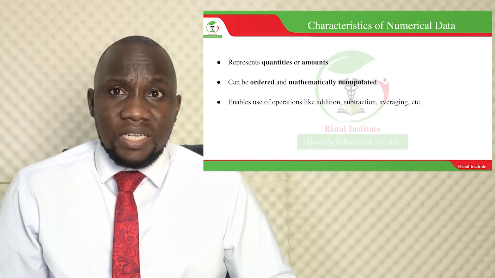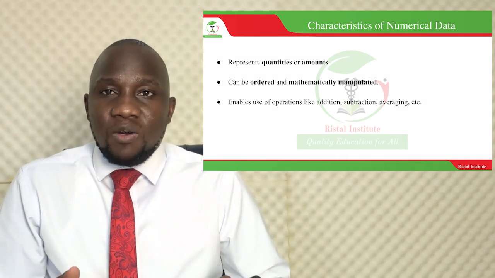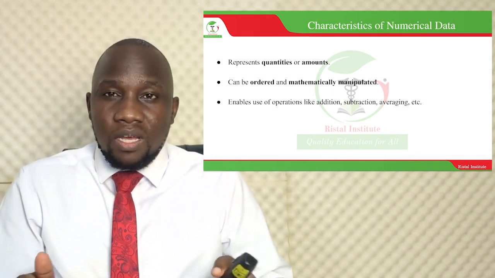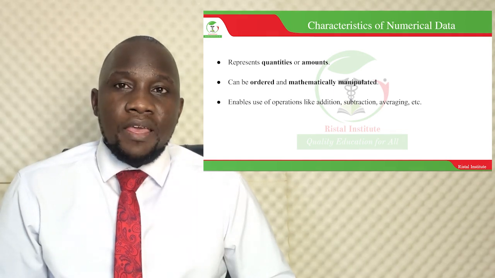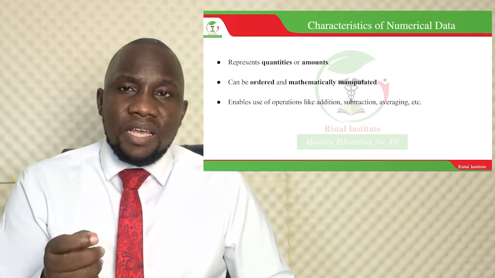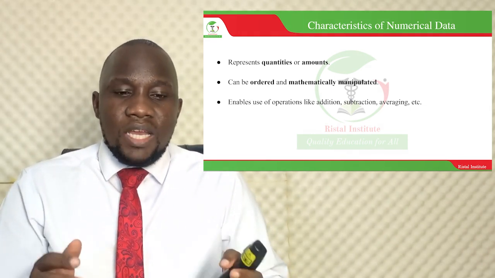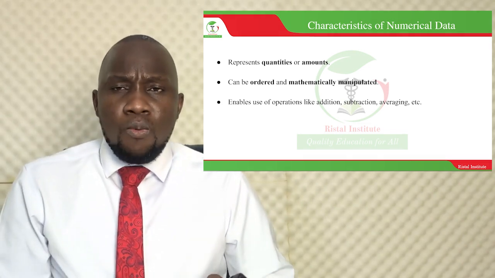This numerical data, which we said can be called quantitative, gives us the amounts or quantities of the particular characteristic that we are looking for. And because we assign these figures, they can be ordered or mathematically manipulated.